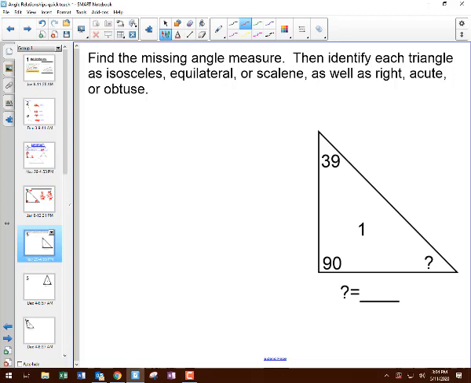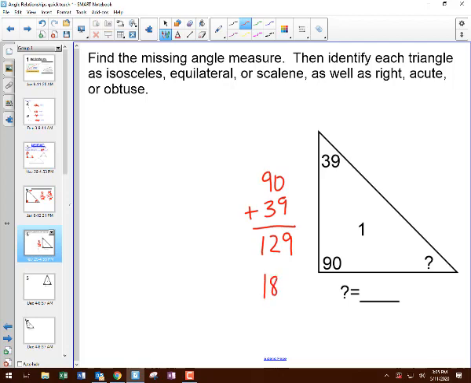Okay, so let's go ahead and find the missing angle first. Alright, we know all three of these will add up to 180. So let's add together what's there. We're going to go 90 and 39. We'll add those together and we'll get 129. So we know what is there, and now we have to take it away from 180.